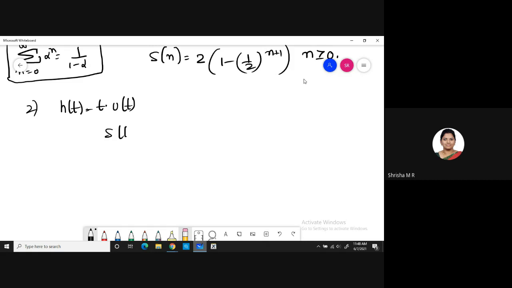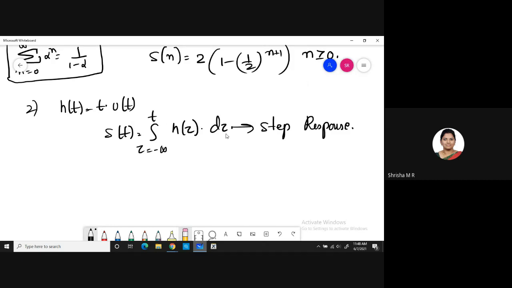So s of t is equal to integration tau is equal to minus infinity to t h of tau into d tau. This is our equation for step response for continuous time signals. You have integration limits from minus infinity to t. So first case, when t is less than 0, what is the step response?